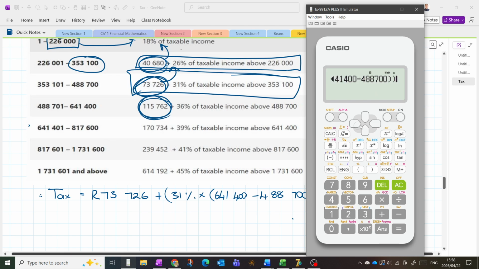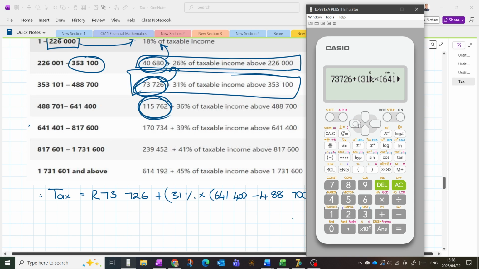What am I typing wrong? 488,700. 641,400. Oh, not 31%, 36%.